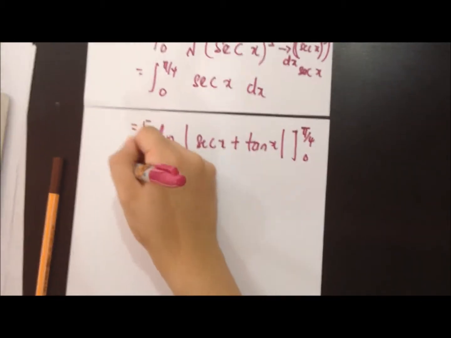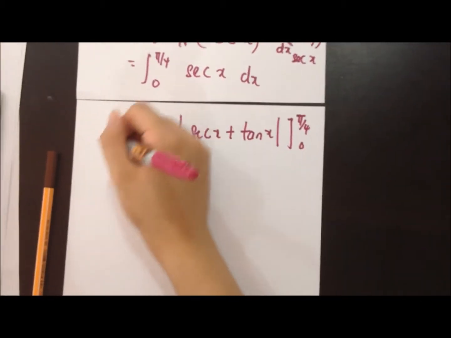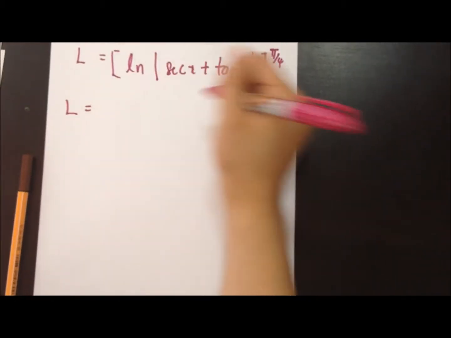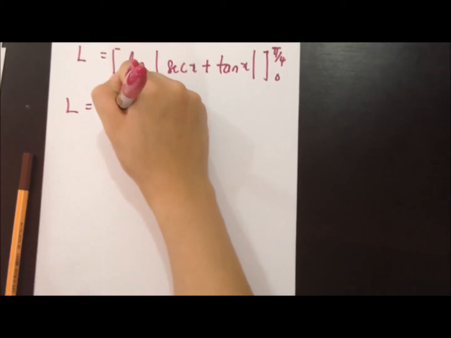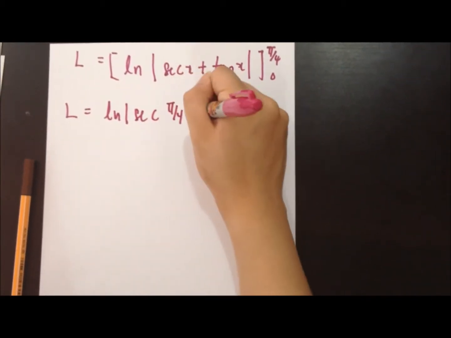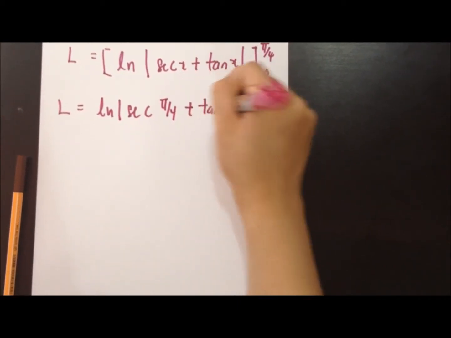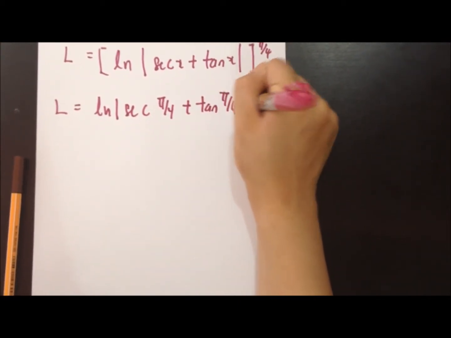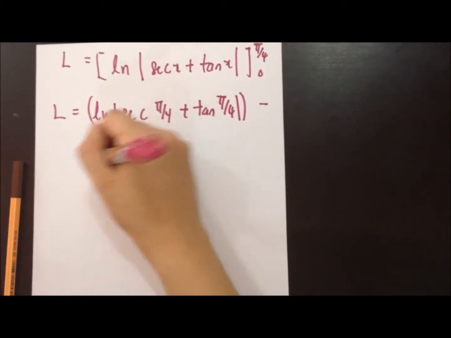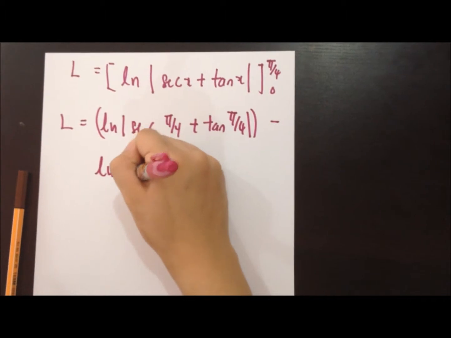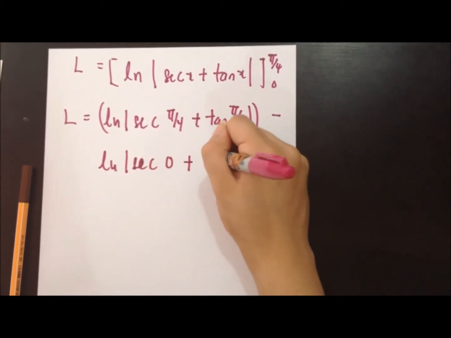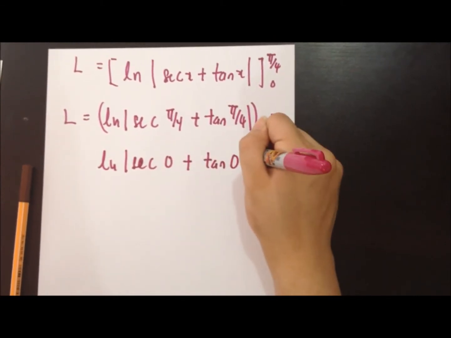So now the ln of secant pi over 4 plus tangent pi over 4, minus ln of secant 0 plus tangent 0.